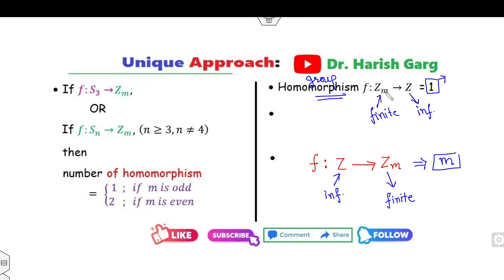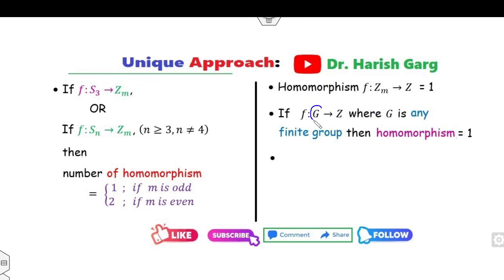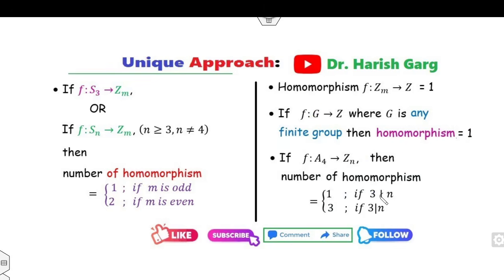Moreover, instead of Zm, if I write G, where G is any finite group, then the number of homomorphisms is 1. That means if I say S3, the order of S3 is 6, which is finite. Fine. So for S3 to Z, what is the number of group homomorphisms? 1. So that is the right answer.